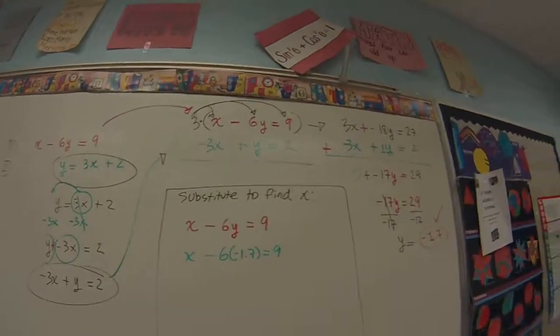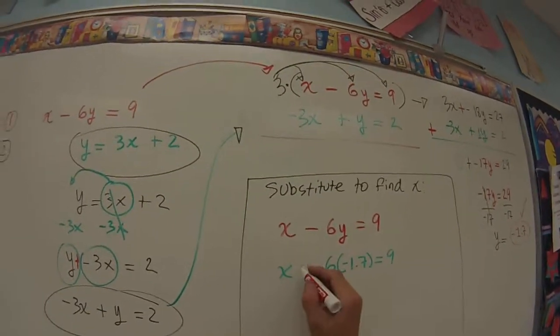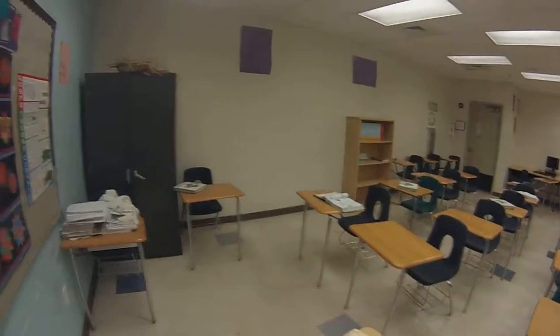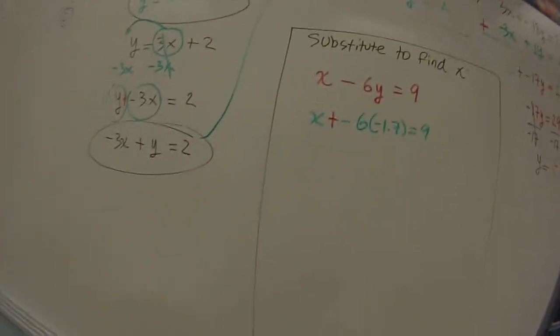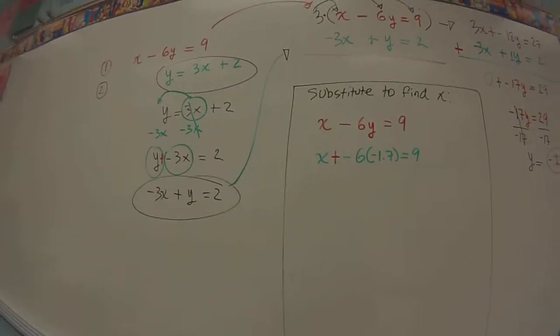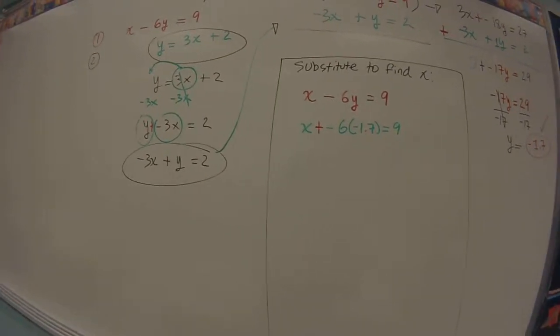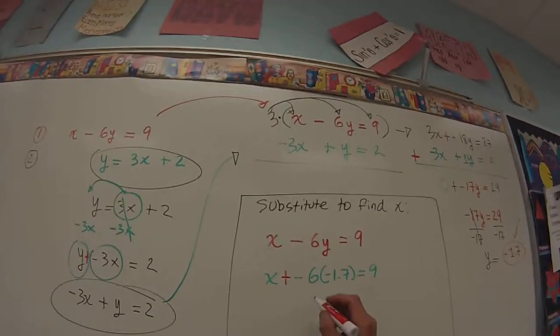And solve for x. So 6 times, notice you have a minus, make it small, put a plus in between. So it's negative 6 times negative 1.7 is 10.2.